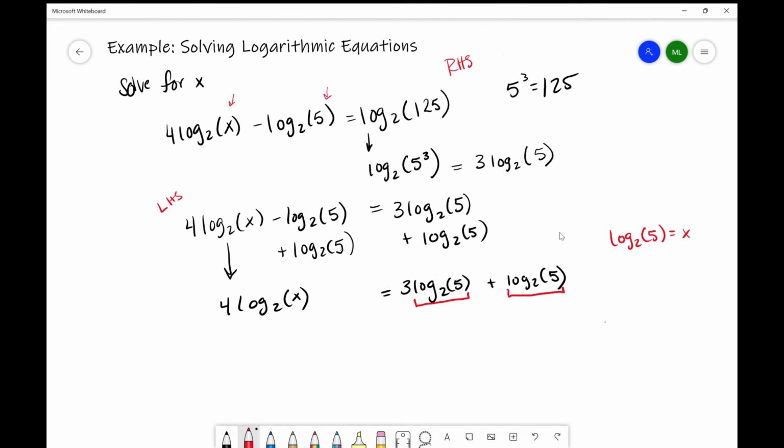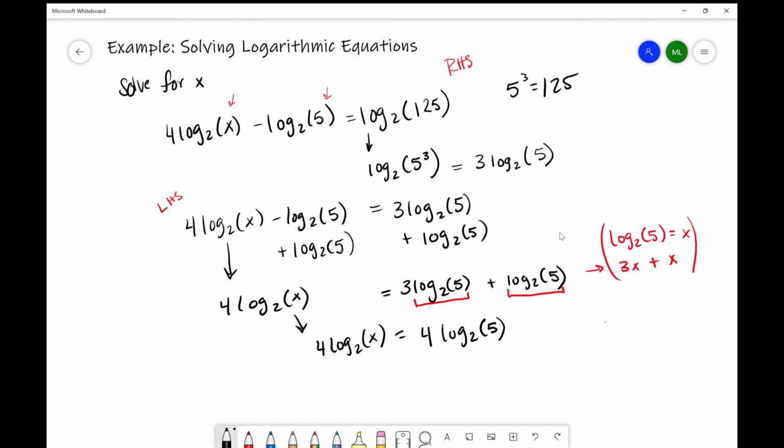So this is the same thing as 3x plus x, like combining like terms as you would in Algebra 1. So 3x plus x equals 4x. So I have 4 log base 2 of 5, and then I bring the left-hand side down just as it is, log base 2 of x.